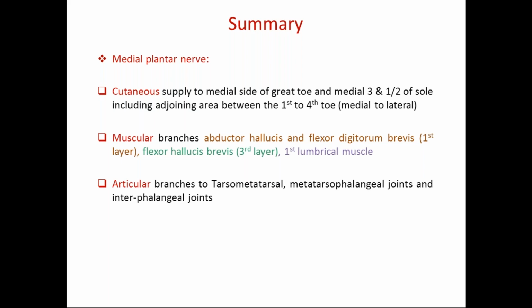These are abductor hallucis and flexor digitorum brevis, which were innervated by the main trunk of the medial plantar nerve; flexor hallucis brevis, which was innervated by the branch from the proper digital nerve; and first lumbrical, which was innervated by the branch of the first common digital nerve. These digital nerves are the branches of this medial plantar nerve. Also these nerves give the articular branches to the tarsometatarsal joint, metatarsophalangeal joint, and interphalangeal joints. So that's how this area and these muscles are supplied by the medial plantar nerve.